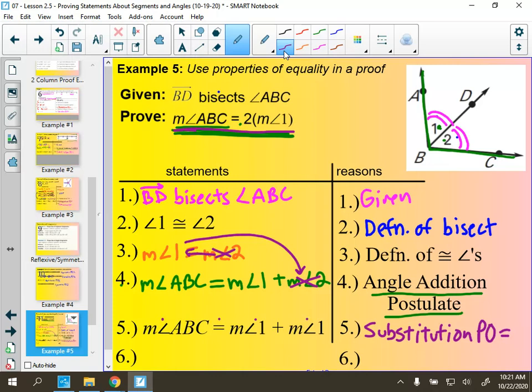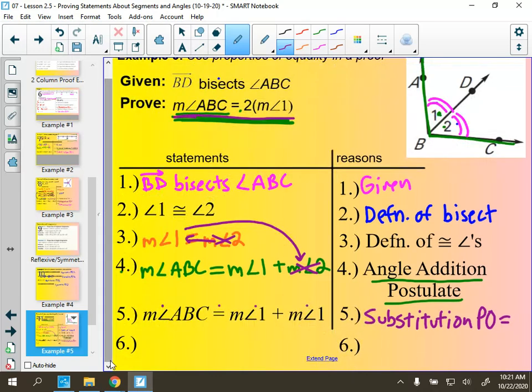The only thing we haven't done yet is tie it all together. So I know it's low on the screen here, but I'm trying to make sure I can see both. The measure of angle ABC is equal to, and we know how this is going to finish. It's always 2, it's the proof statement, measure of angle 1. How did we do that? We saw that in some of our algebra proofs. I'll do a little example up here where we saw things like 10 equals x plus x. We saw stuff like that, right?